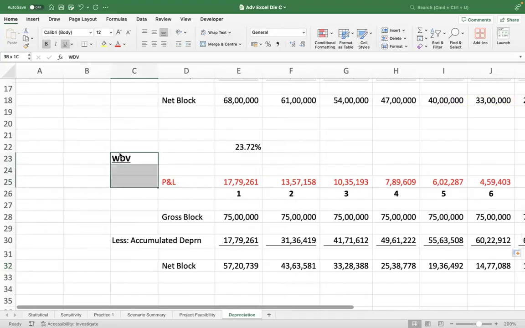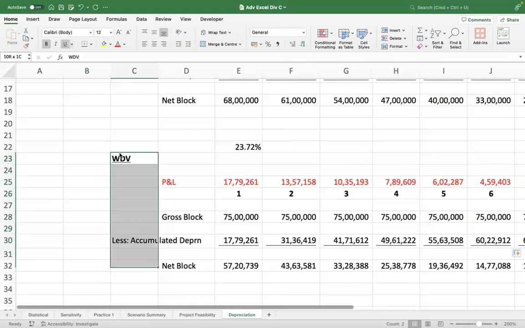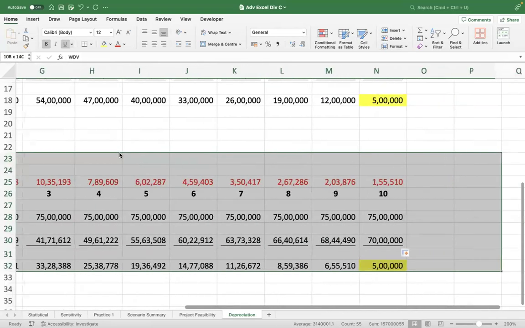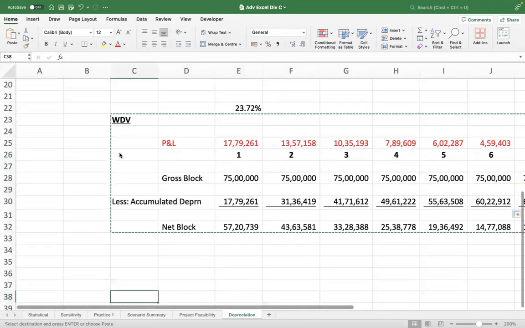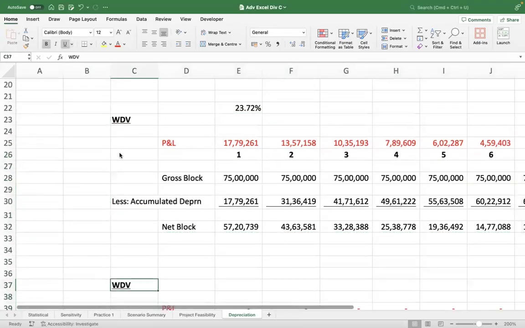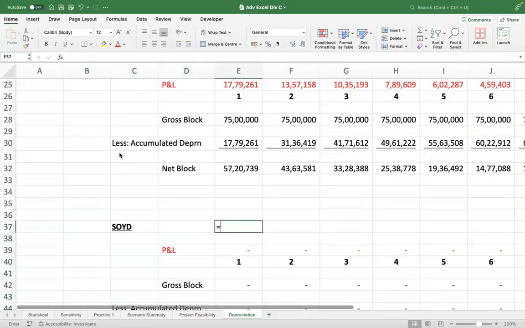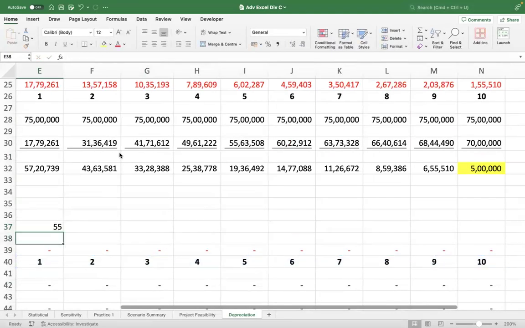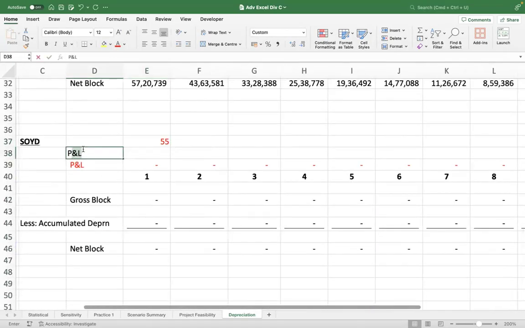So for SOYD also, we will copy the same matrix. That doesn't change. And put it down here. But here again, you will have to first take a sum of all the years digits. So the sum of the digits is 55. Is that right, everybody? So here you will have to put down your proportions first.